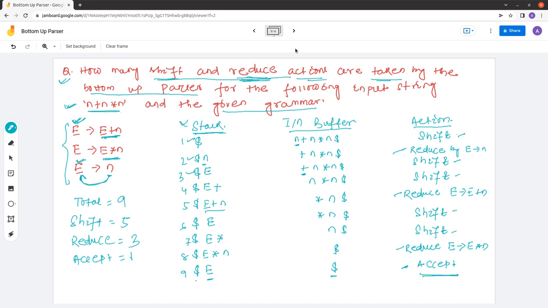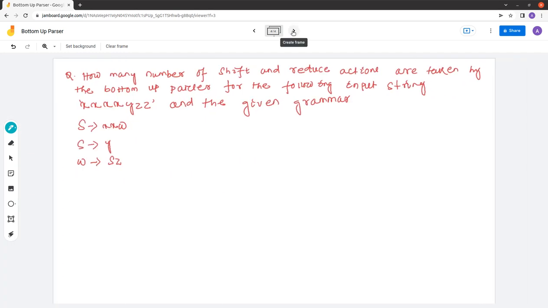In this way we can count the number of shift and reduce actions. Now we'll see one more example. How many shift and reduce actions are taken by the bottom-up parser for the following input string, xxxxyzz, and the given grammar? This one is the given grammar.